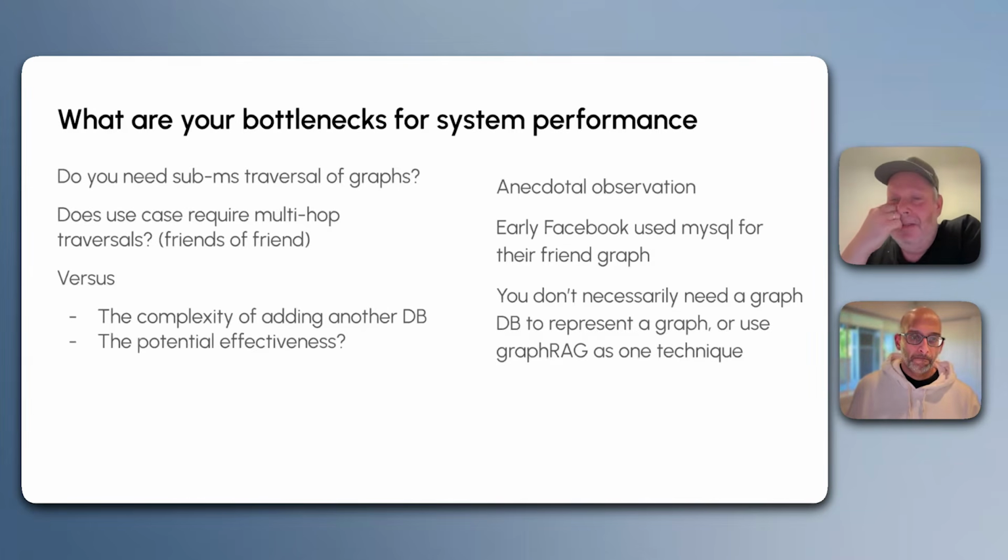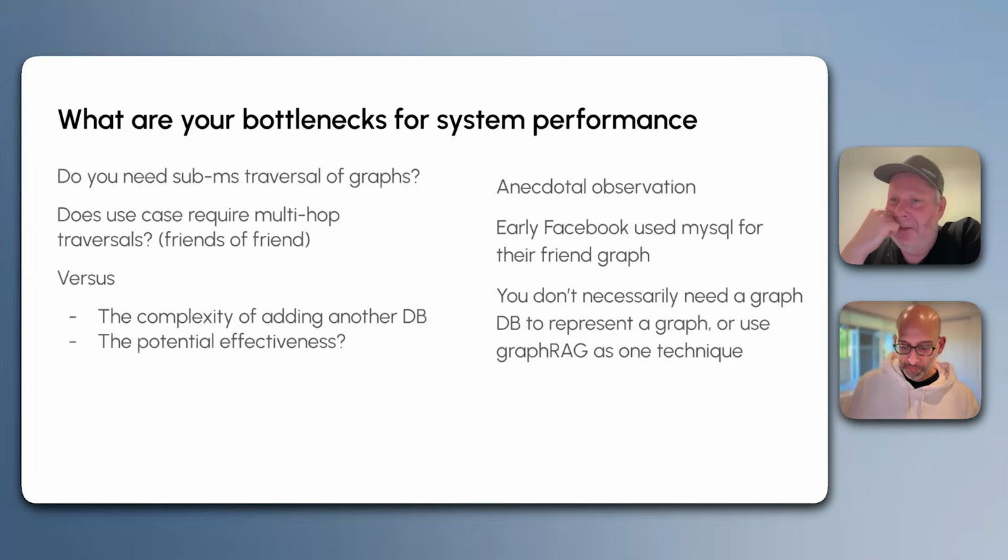But the questions you need to answer are: do you really need really fast and efficient traversal of graphs? And of course, there's also the question of how large your graph is. And does your use case really require multi-hop? Do you need to go further than, for example, friends of friends in your query?